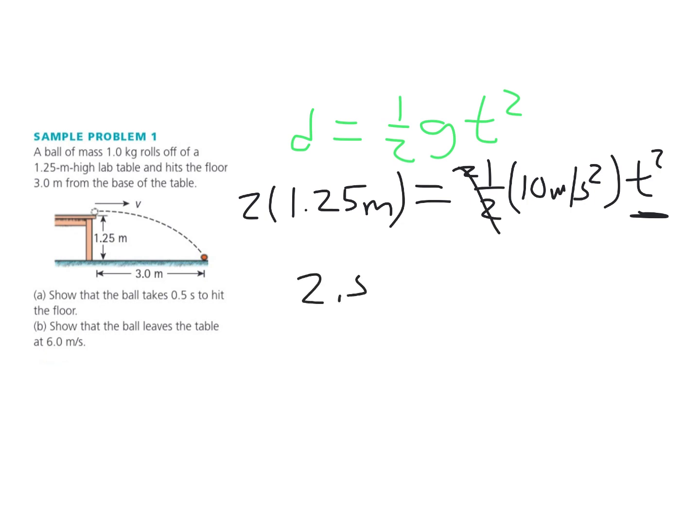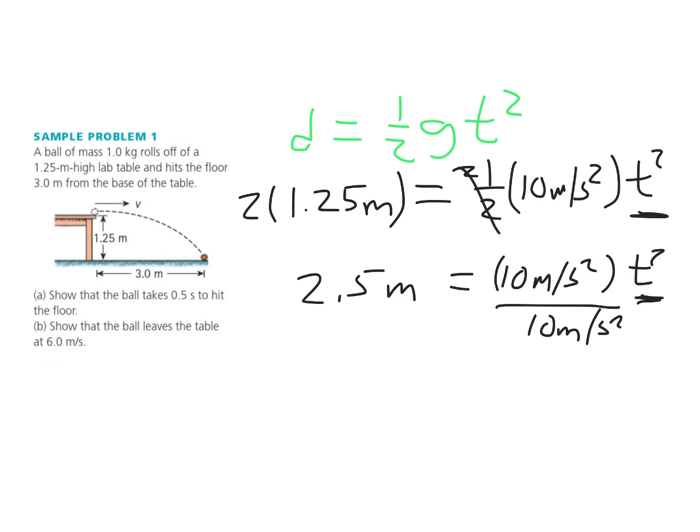2.5 meters is equal to 10 meters per second squared times t squared. I still want to get t squared by itself, so I'm going to divide both sides by 10 meters per second squared. Meters over meters cancels, and this is 1 over second squared, so the second squareds come up to the top unit-wise.